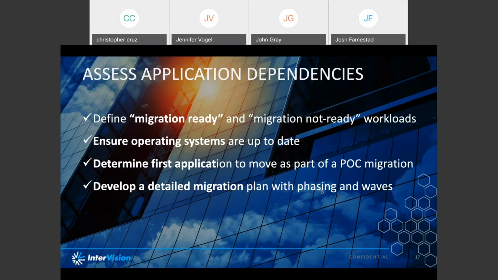So use tooling, and Josh, you can talk about that in a minute, and then really just learn, right? And identify apps that are migration ready, easy to move, and workloads that are not. If you can get the operating systems up to date, sort of re-platforming, that's a good thing to do. It makes it easier, removing some of the technical debt before you go.